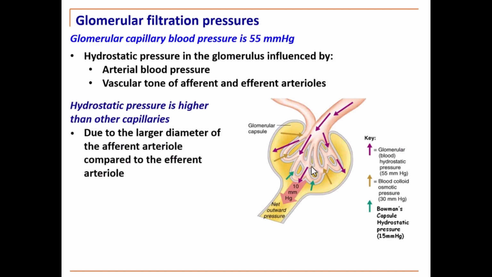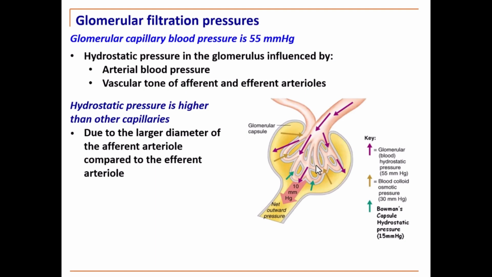The hydrostatic pressure is much higher than in other capillaries, and that is because of the larger diameter of the afferent arteriole coming in compared to the efferent arteriole going out, meaning that there is a pressure build-up in that place. In other words, blood dams up in the glomerulus because it can't leave through the efferent.